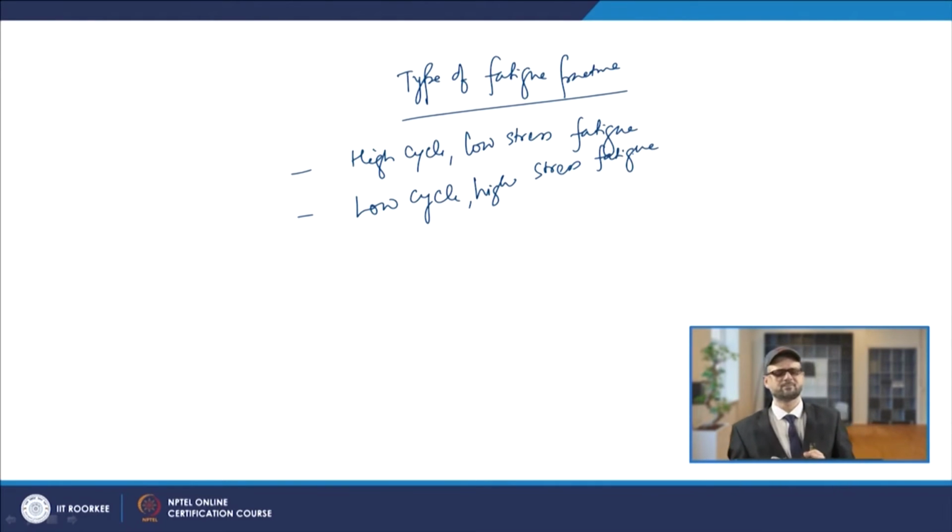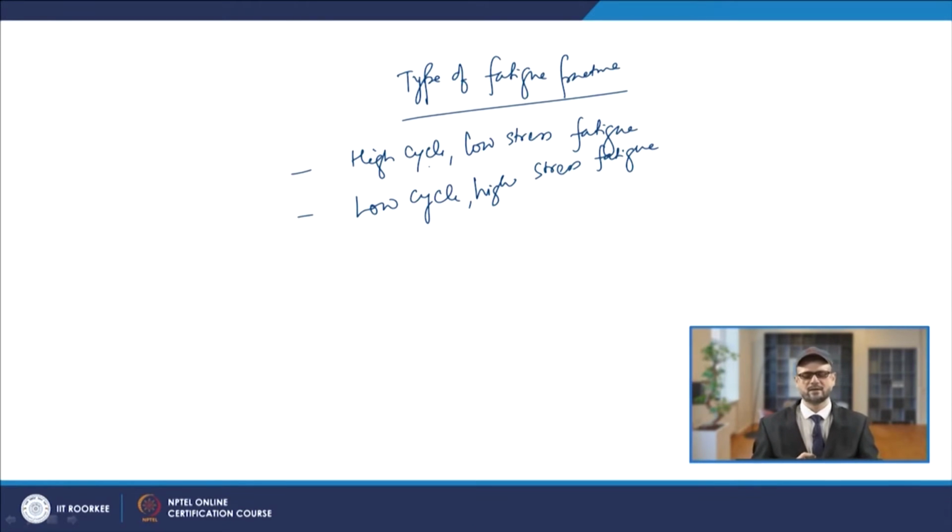So, basically high cycle low stress fatigue means the stress value which is being applied is low. So it goes for a very large number of cycles, and then it fails after being subjected to very large cycles, whereas in this case the stress value is larger, and so the material sustains for a very small number of cycles.